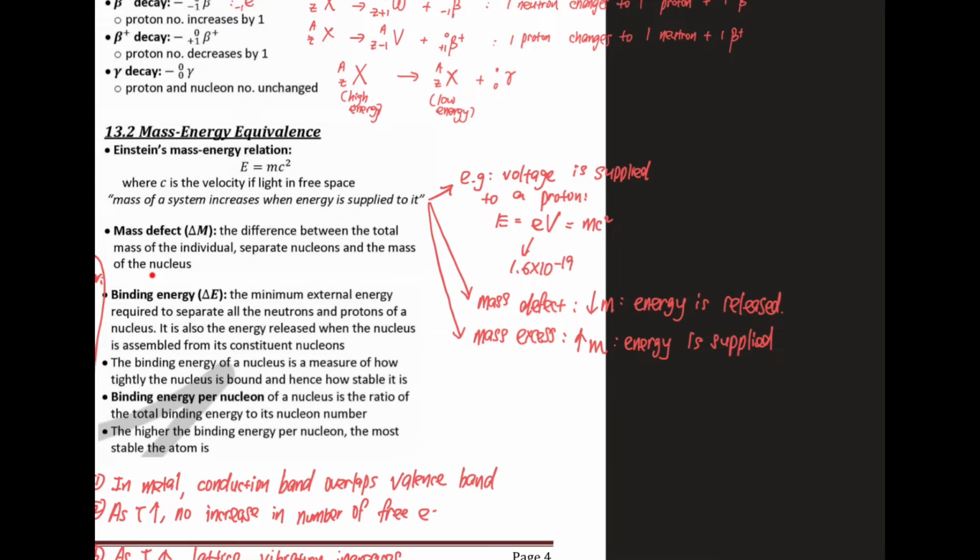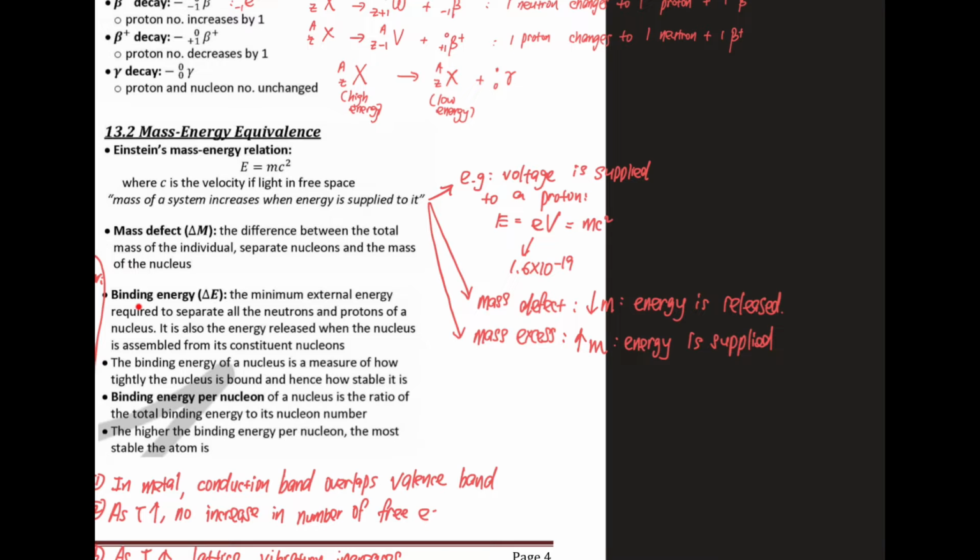So basically mass defect is the mass of the product minus the mass of the reactants, and then you get the mass defect. Okay, let's see the next one.